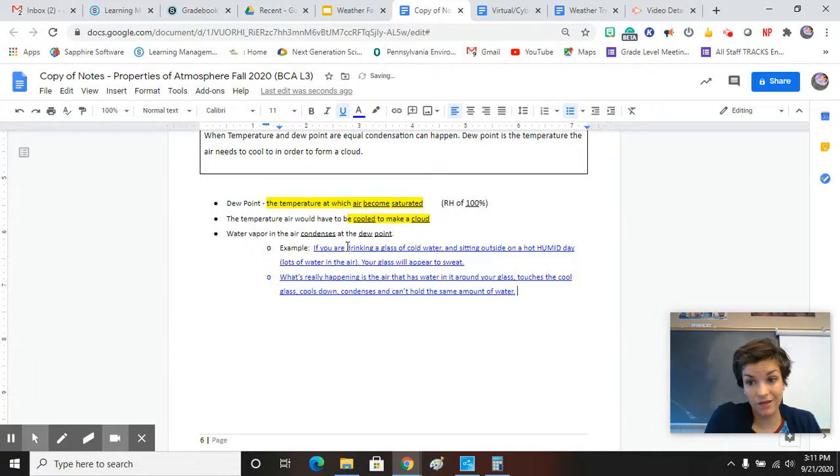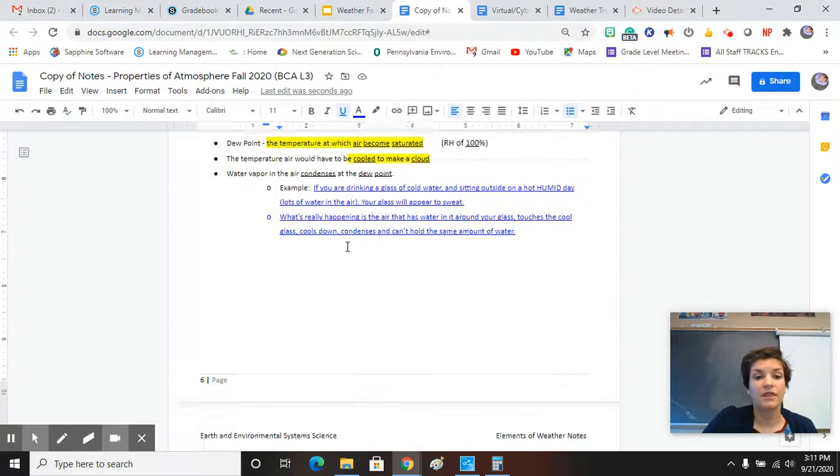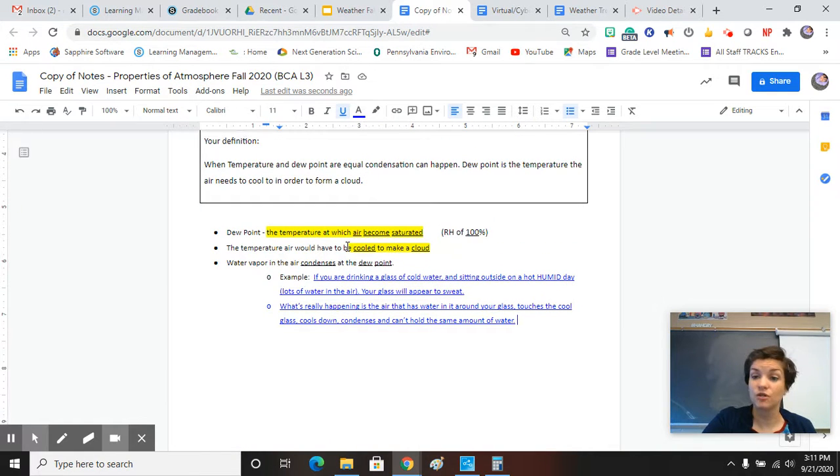So it condenses on the outside. It kind of spits out that extra water that suddenly it can't hold because the air is too small to hold it. That is dew point.